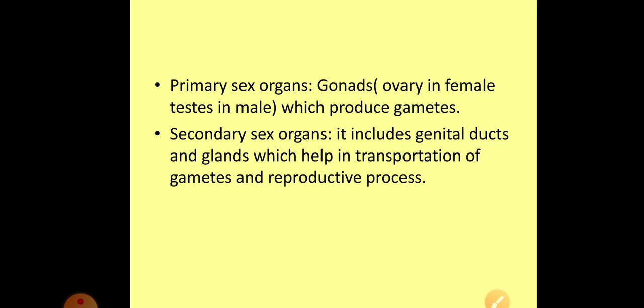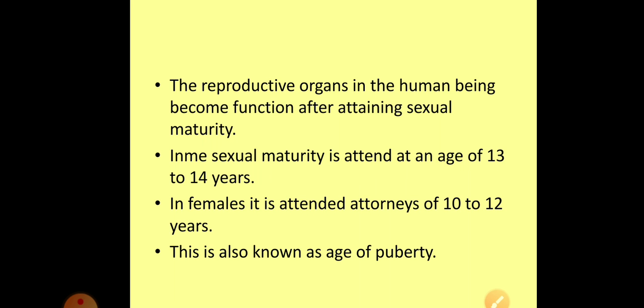And secondary sex organs include the genital ducts and glands, which help in the transportation of the gametes and the reproductive process. The reproductive organs of human beings become functional after attaining sexual maturity, right?